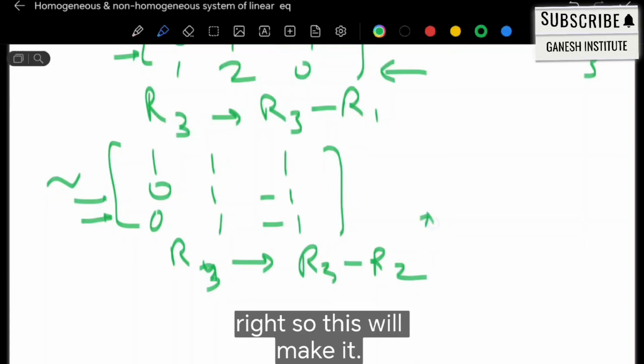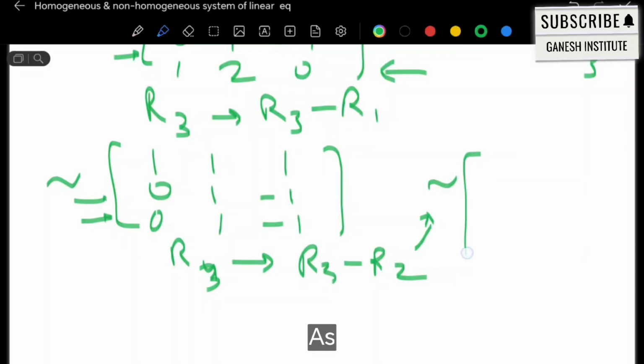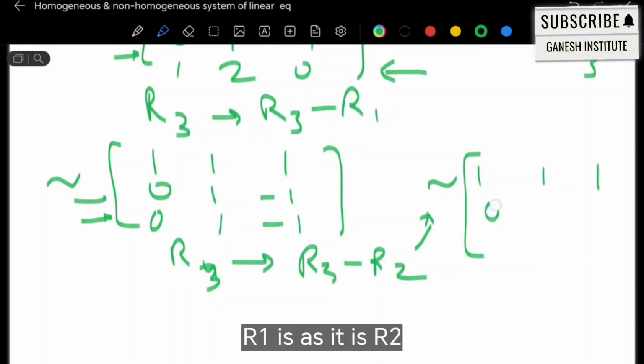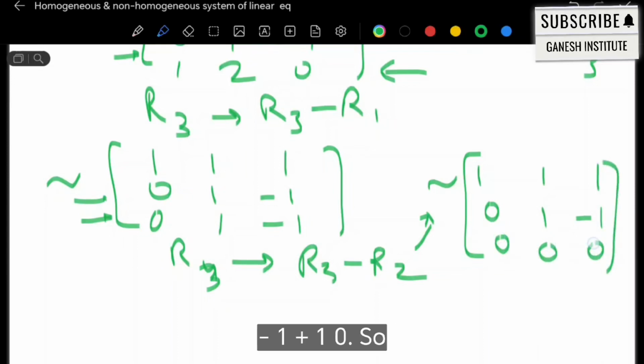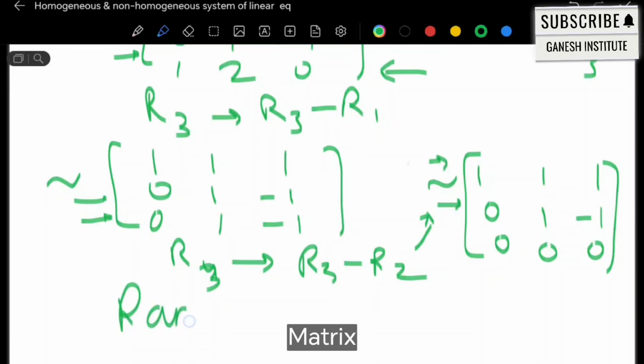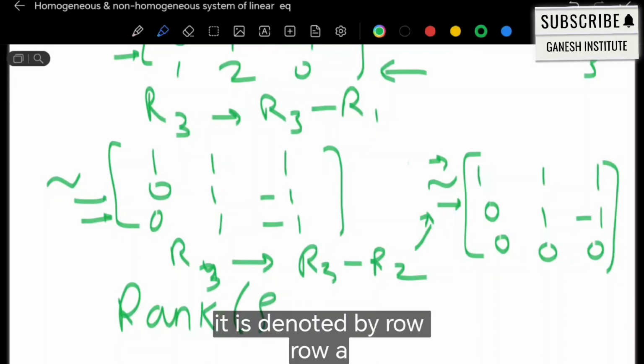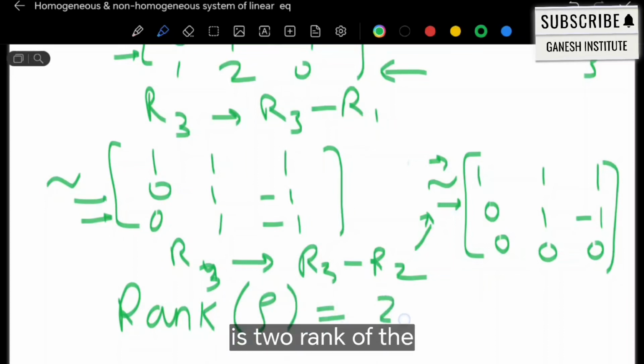So this will make it as R1 as it is, R2 as it is, 0 minus 0, 0, 1 minus 1, 0, minus 1 plus 1, 0. So how many non-zero rows? There are 2 non-zero rows. So the rank of the matrix, denoted by rho, rho A is 2.